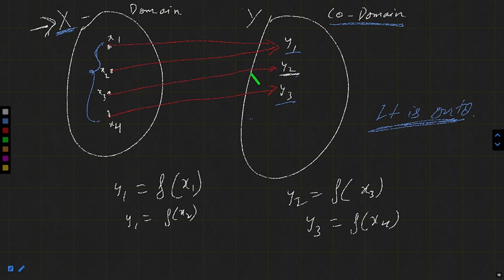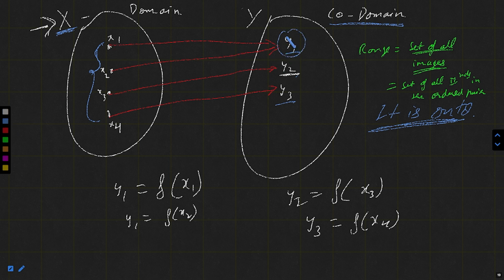Range is nothing but the set of all images, or the set of all second elements in the ordered pairs. So if you try to make the ordered pairs, you will get y1, y2, y3 as your range set.